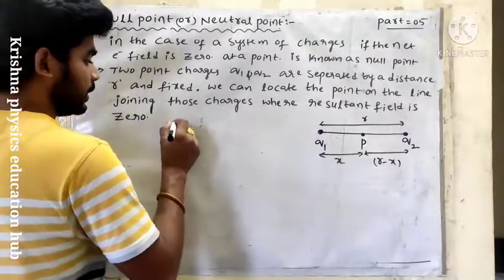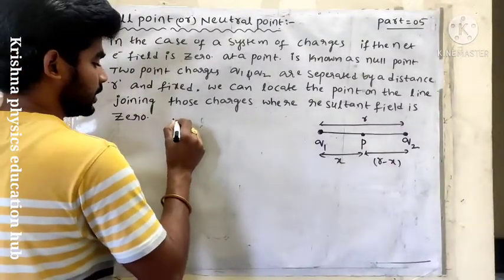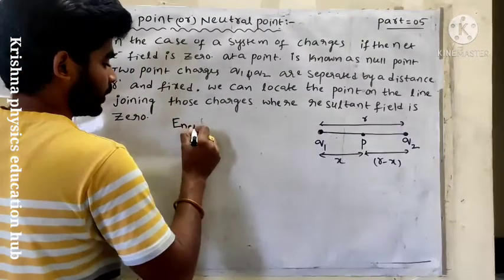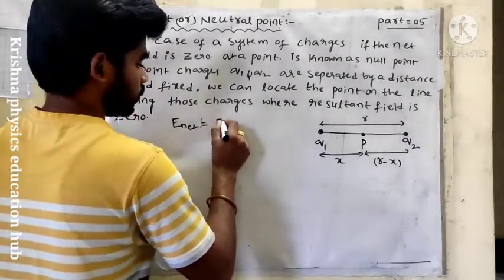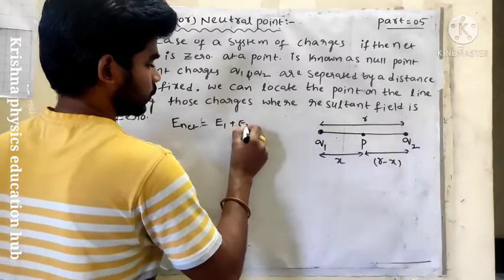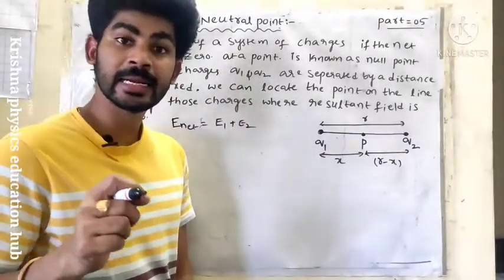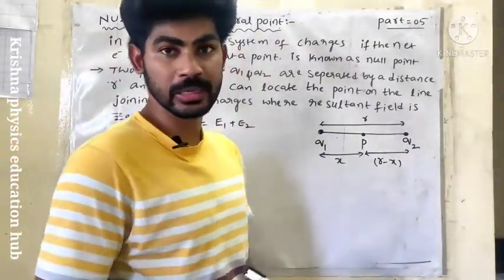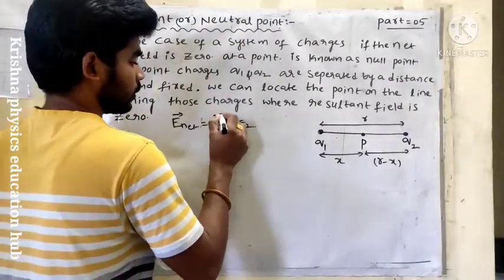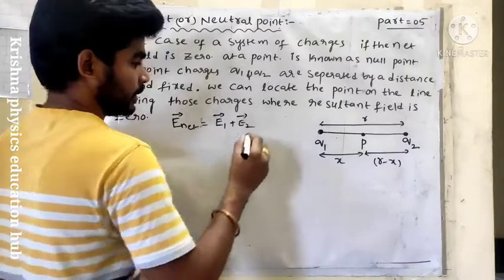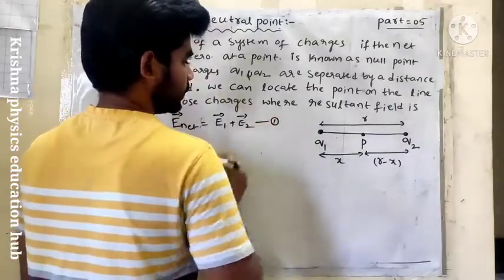Here the net resultant field is 0, which means we can write E net is equal to E1 plus E2. Electric field is a vector quantity, so we use vector notation. This is equation 1.